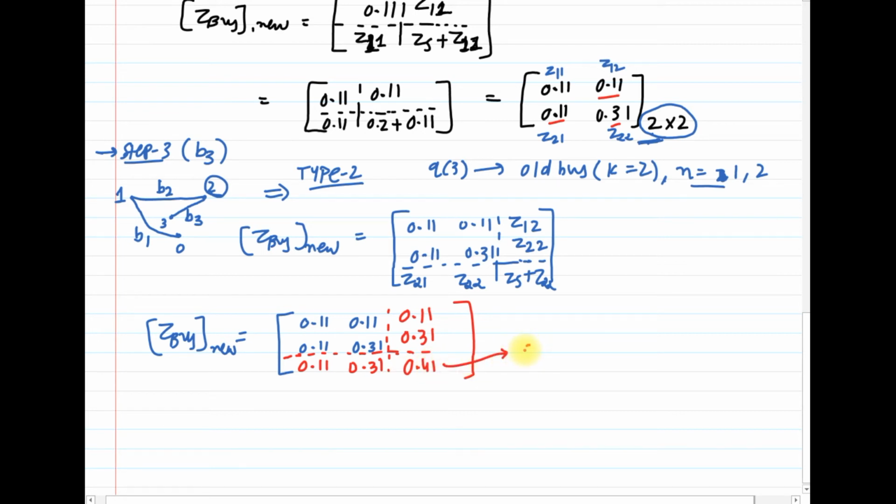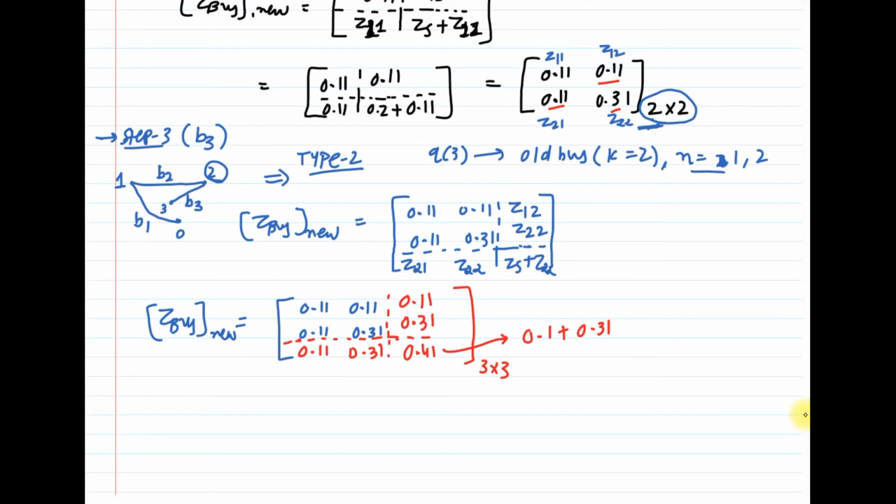And if you wish, you can write Zs, which is equal to 0.1 plus 0.31. Okay, so this is your final matrix after the third modification, where the B3 element is added between bus number 2 and 3.